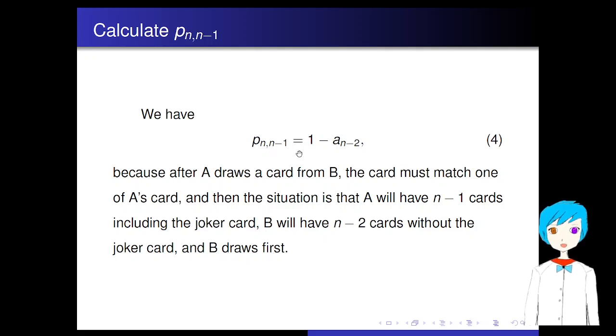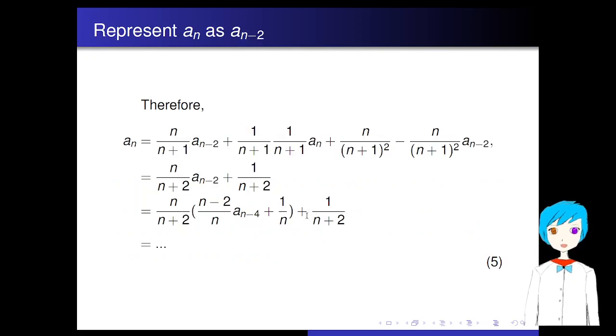So P_{n,n-1} is 1 minus A_{n-2}, because now B draws first.